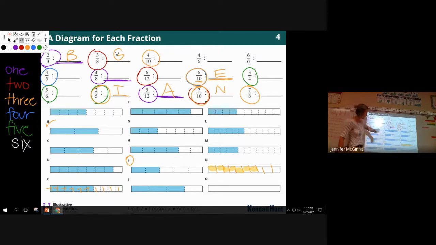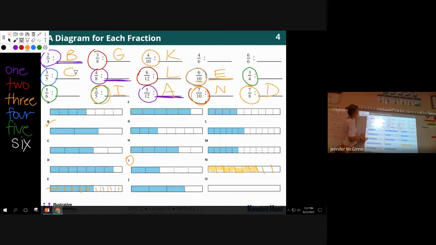L. 1, 2, 3, 4, 5, 6, 7, 8, 9, 10, 11, 12. Is that right? Yes? Good job, table 2. Table 3. 4/10. K. 4/10 is K. Good. And then D. 7/8. Oh, D. Good. Table 4. 3/5. C.